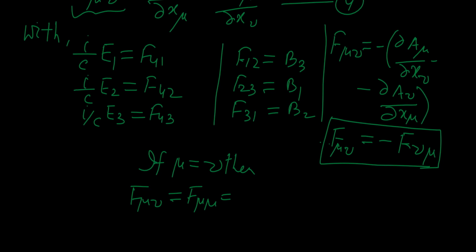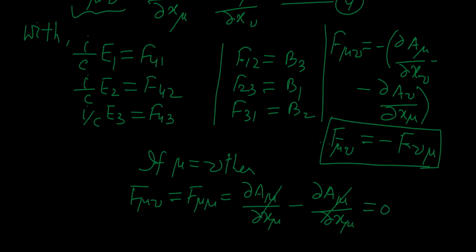Replace all the nu by mu, this will be del A mu by del x mu minus del A mu by del x mu, and so these terms will cancel out and the result is 0.